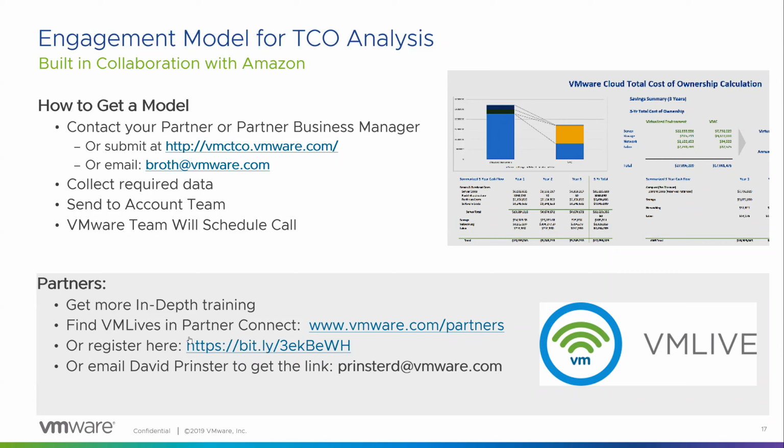You can go to vmctco.vmware.com. Brand new URL, just published. But if you want the full analysis complete with Microsoft implications, you can basically contact David or myself or your partner business manager, and we'll do what we can to get you that analysis.